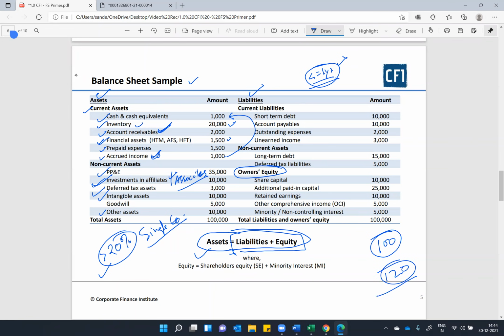Whatever extra you have paid will be your asset which can be utilized for a future period. So anything extra that you have paid will form a deferred tax asset in your balance sheet.